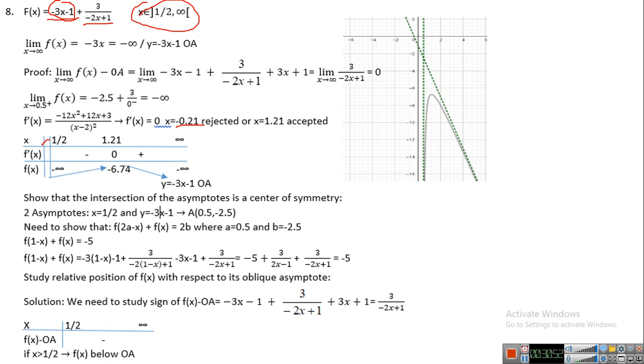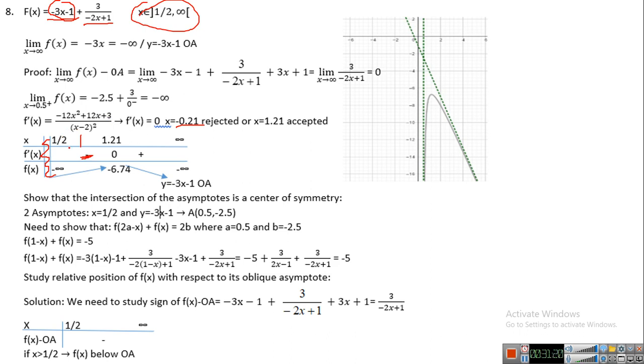You have half, which is a vertical, minus plus. You take a point before 1.21, you check it's negative. You can take, for example, 1.5. Okay, sorry, not 1.5, you can take 1. Okay, if you put 1 in f prime, minus 12 plus 12 cancel, you're going to get 3 here in f prime of x.